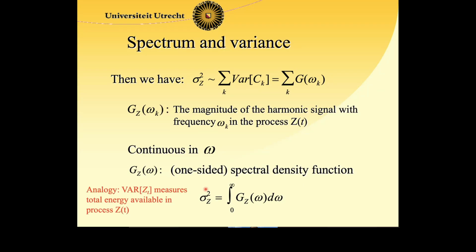And what is the analogy? Well, the variance of Z, which is the sum of all the variances of the amplitudes of all the different contributing harmonics, the sum of that is the total energy that is available in the process.